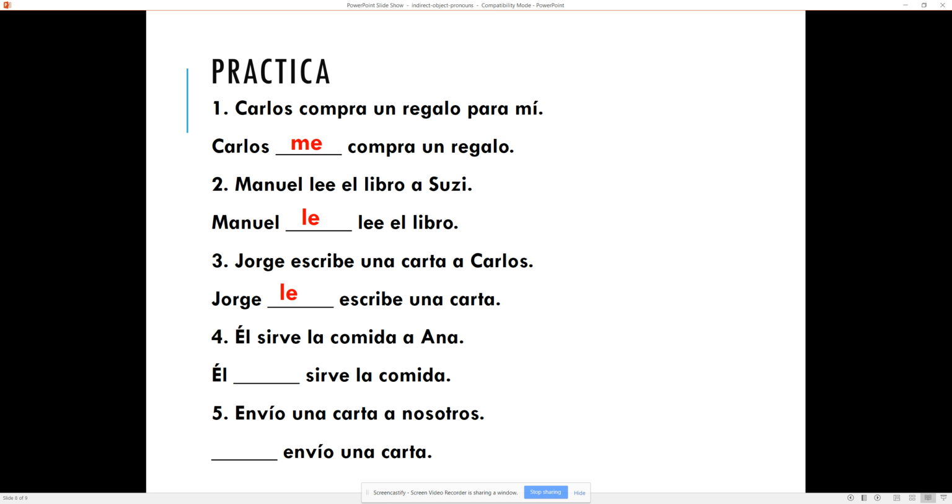Él sirve la comida a Ana becomes él le sirve la comida. He sent, envió una carta a nosotros becomes nos envió una carta. Please notice here when you see para mí, a Susie, a Carlos, so for me, to me, or to us, that's our key word to note that that is the indirect object.